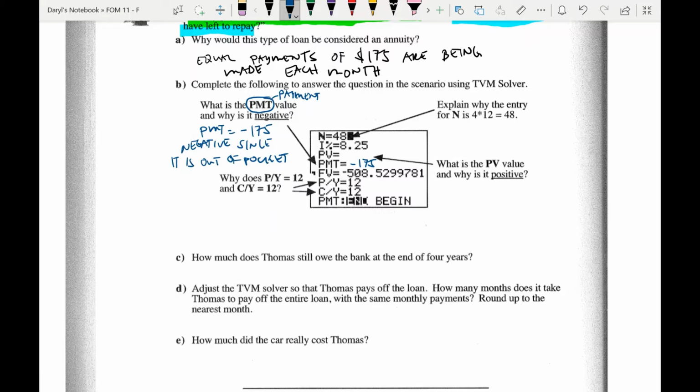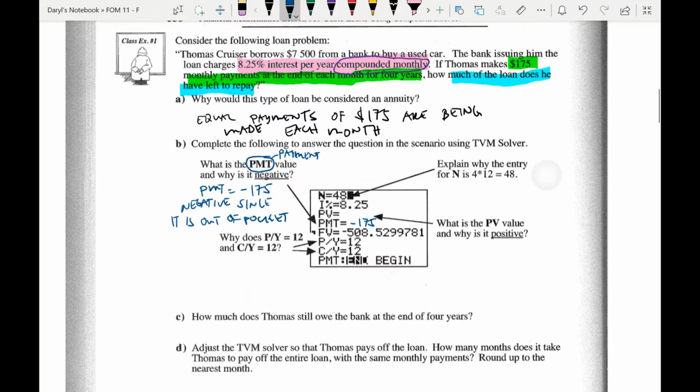Explain why the entry for n is 4 times 12, which gives you 48. That comes from the statement that the payment is made each month for 4 years.